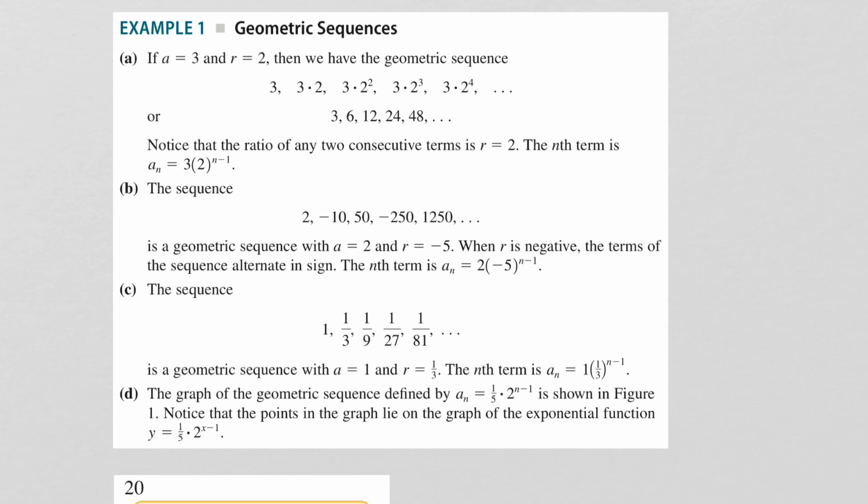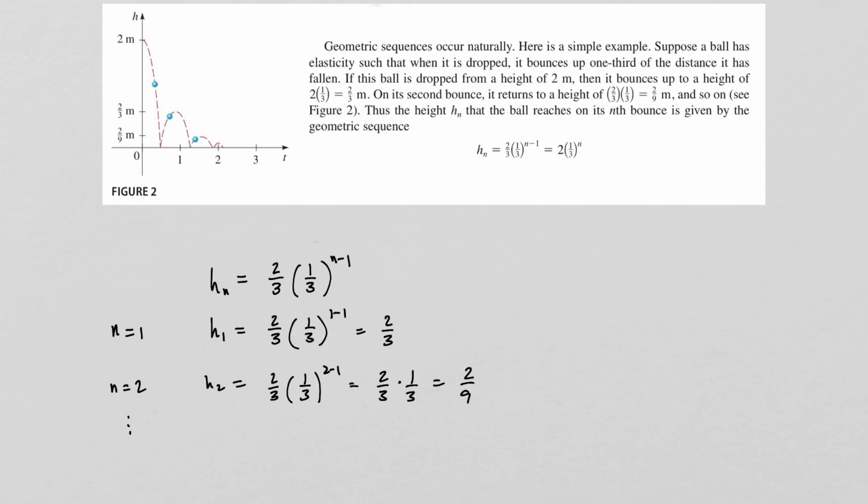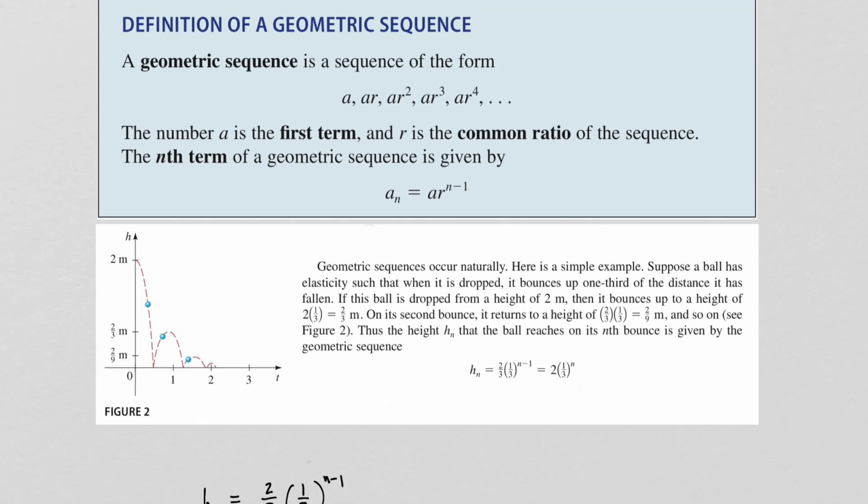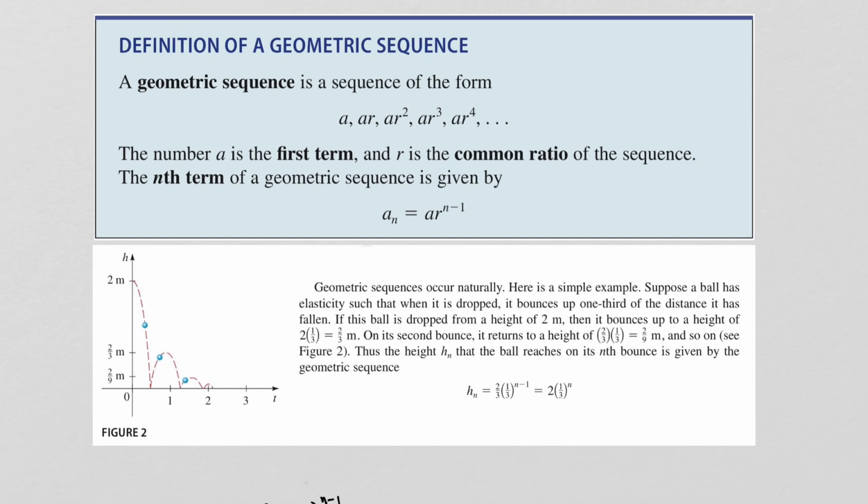So here's another example. Suppose we have a geometric sequence where the first term is 3 and r is equal to 2, and we want to find the nth term for that sequence. So let's recall back here in our definition, the nth term of a geometric sequence is given by the first term a multiplied by the common ratio r raised to the n minus 1 power.